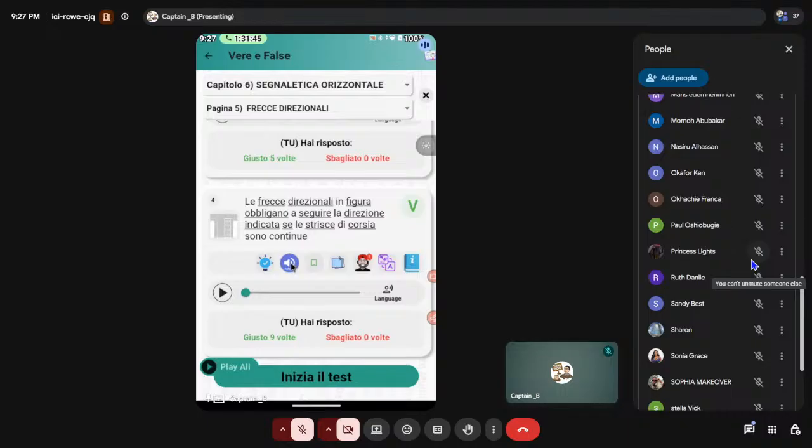Le frecce direzionali in figura obbligano a seguire la direzione indicata se le strisce di corsia sono continue. Le frecce direzionali in figura, which is this direction arrow, you need to follow. Attention, this arrow in this figure is an obligation for you to follow. Seguire means follow, the direction indicated.